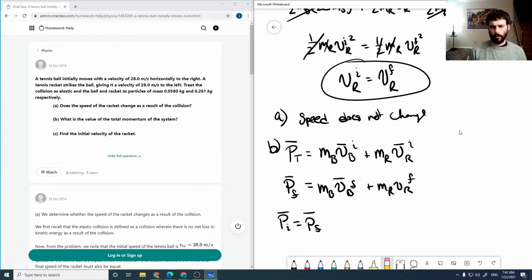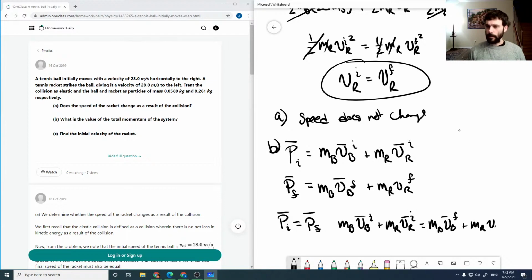I'm just going to change that from total to i. Or mass of our ball, velocity of our ball initially, plus the mass of our racket, velocity of our racket initially, is equal to mass of the ball, v ball finally, plus mass of our racket, velocity of our racket finally.